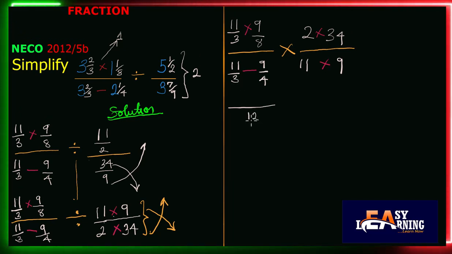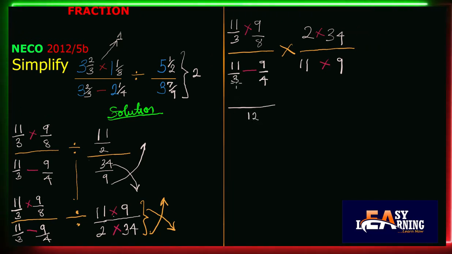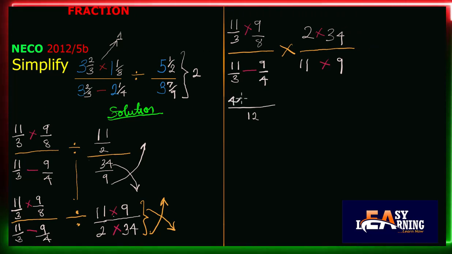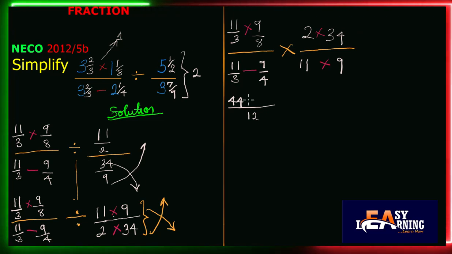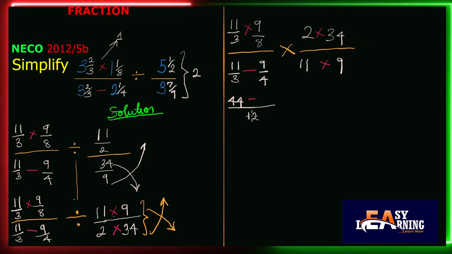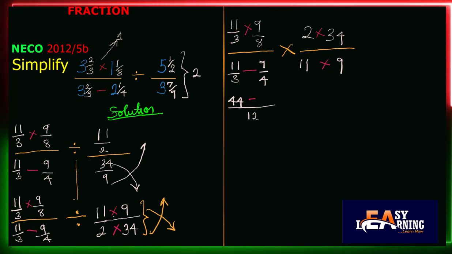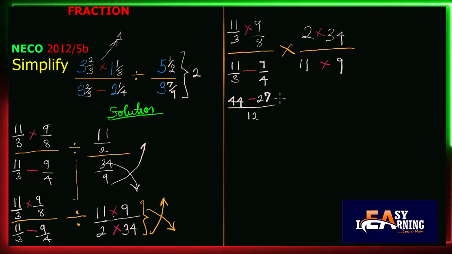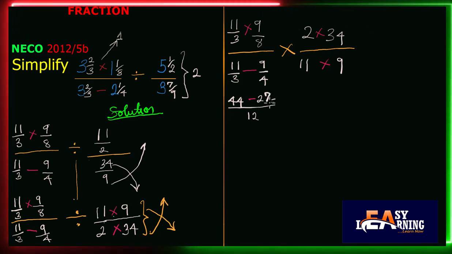Now the 3 comes into 12 how many times? It's 4 times. 4 times 11 will give us 44. Yes. Then we subtract: 4 comes into 12 how many times? 3 times. Now 3 times 9 is 27. Okay, so I just want us to have this fraction out.